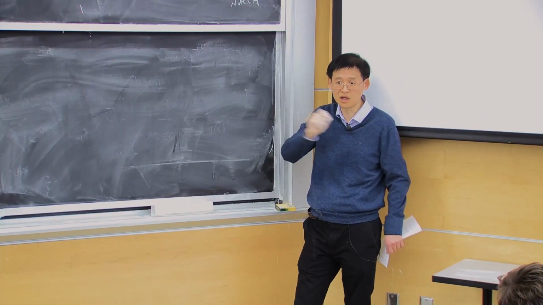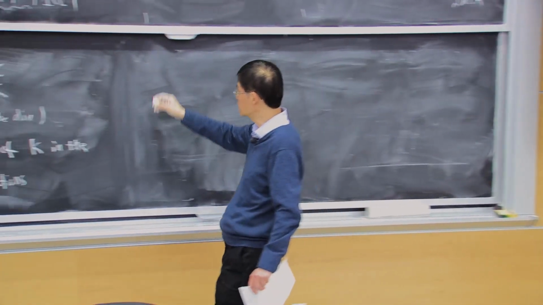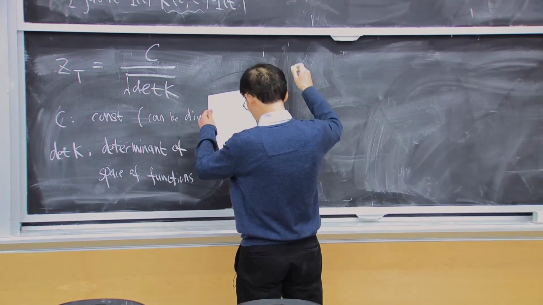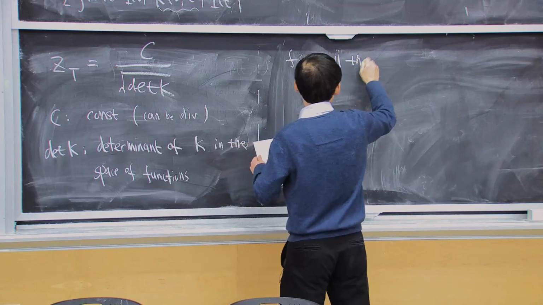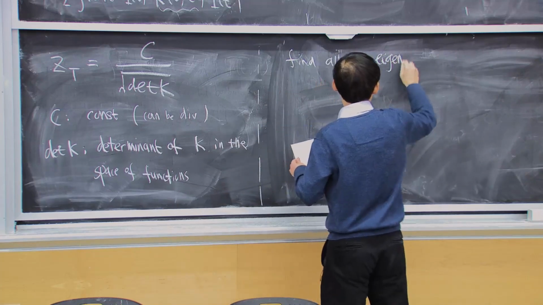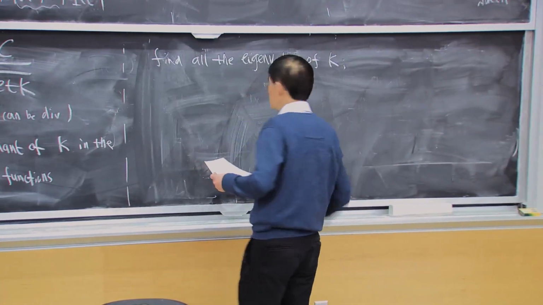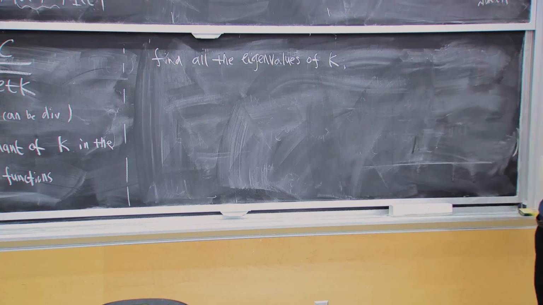It doesn't matter how many eigenvalues you have. So now we can just find all the eigenvalues of K, and then we just take the product of them. That gives us the determinant. So this is the way which you can generalize.